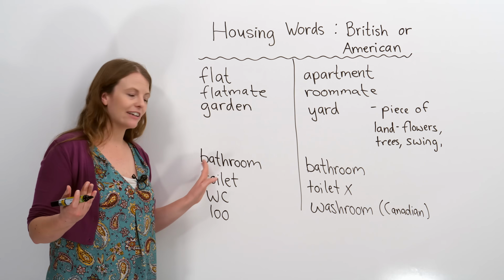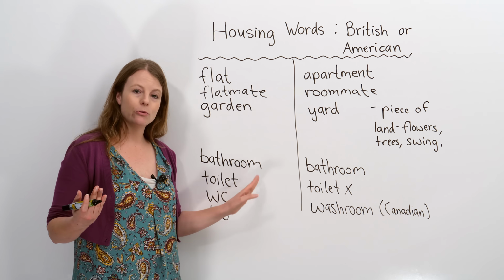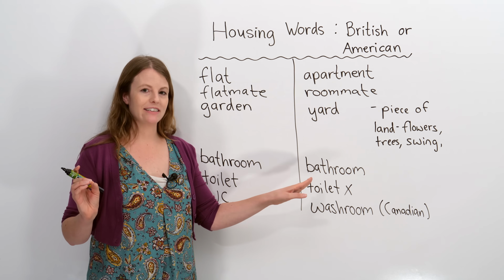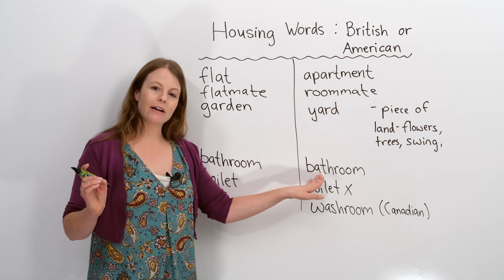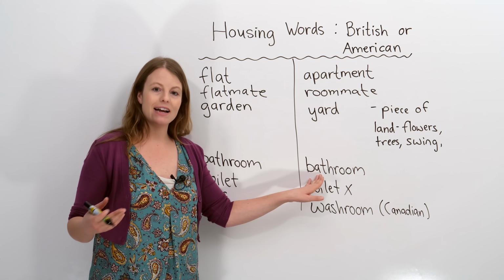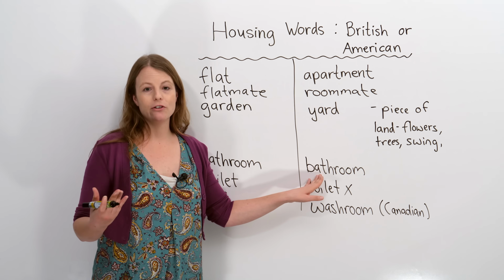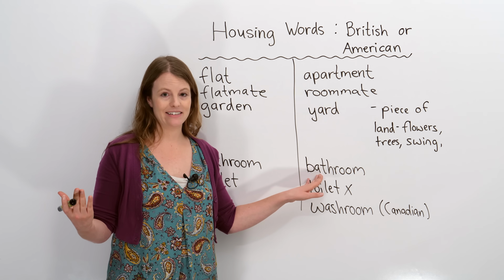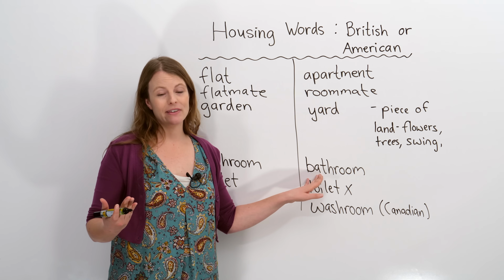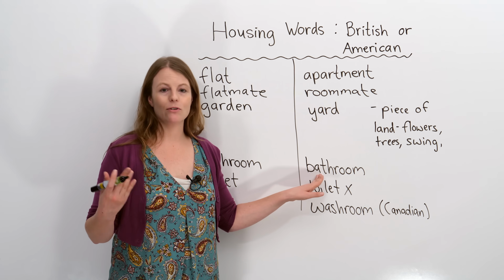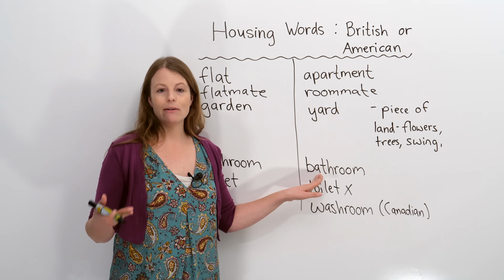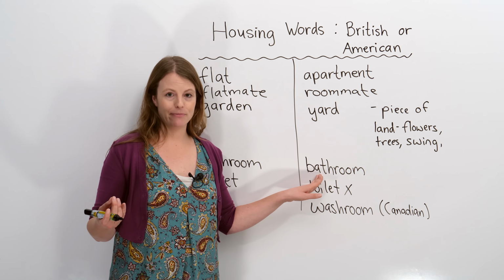In British English and in North American English, we both use the word bathroom, but there's a little bit of a difference. In North American English, a bathroom is the word we use for toilet. So it's the room that has the toilet in it. Some bathrooms don't have a bathtub or a shower. They might just have a toilet and a sink, and we would still use the word bathroom.